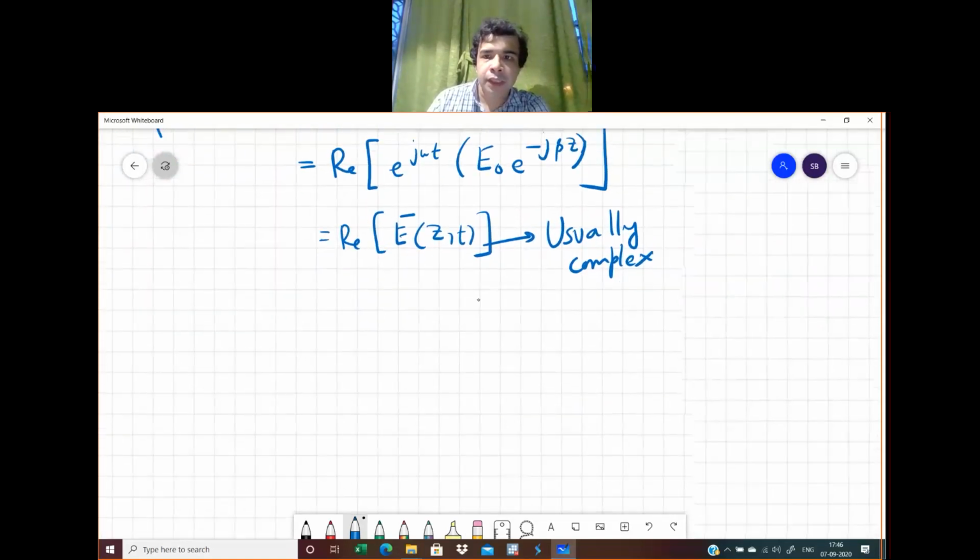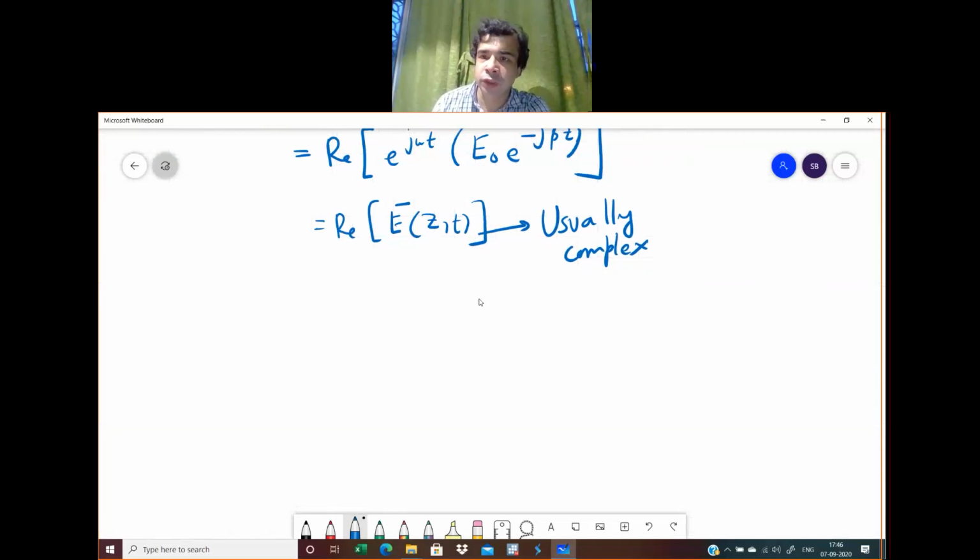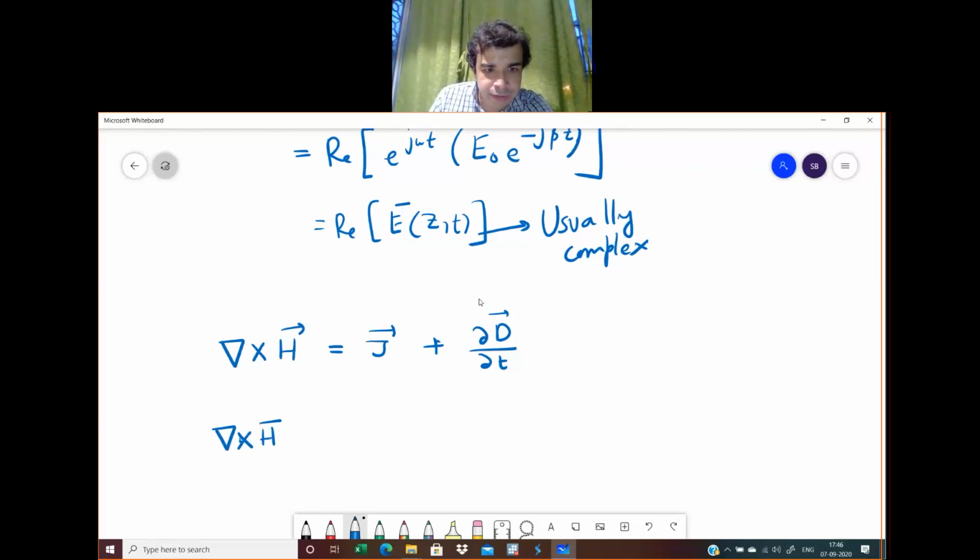Right? So what is the advantage of using this phasor? See, often we have things like this: curl of H equal to J plus del D by del t. Is it okay? If we use phasors instead of vectors, then we have a unique convenience.